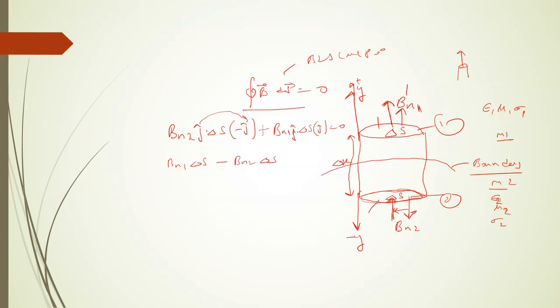Dot product of i dot i is 1, and k dot k is 1; you have done this in lower classes. So Bn1 delta s minus Bn2 delta s equals 0, or (Bn1 minus Bn2) delta s equals 0.